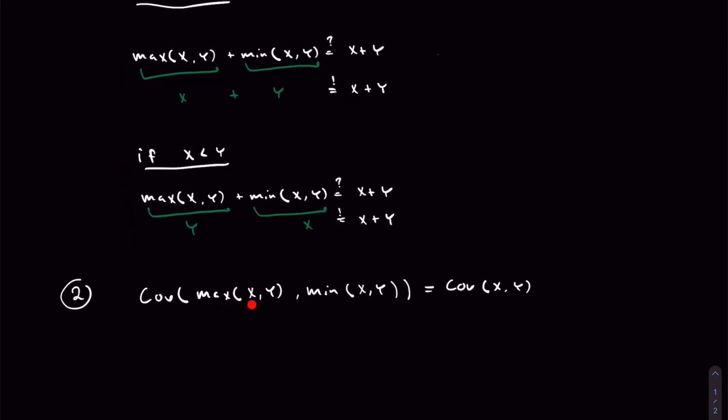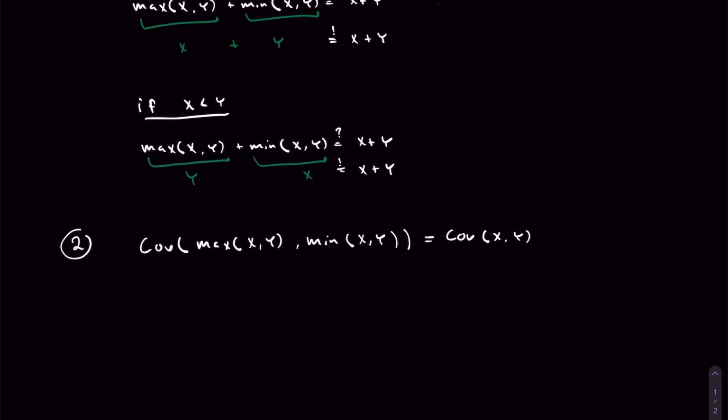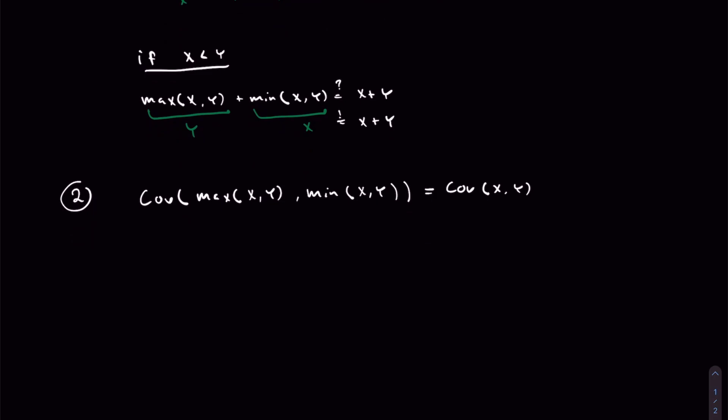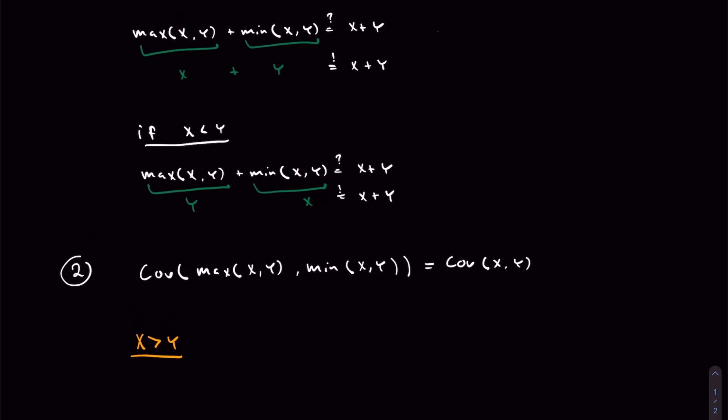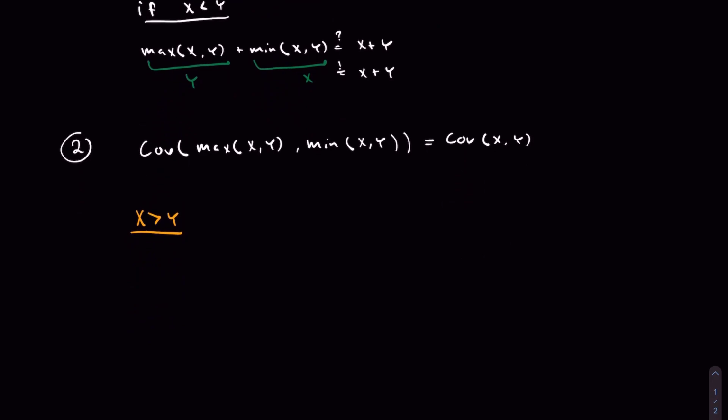We could say the covariance, when x is larger than y, just as we reasoned above, is equal to the covariance of x, so this has to be x, and this has to be y.